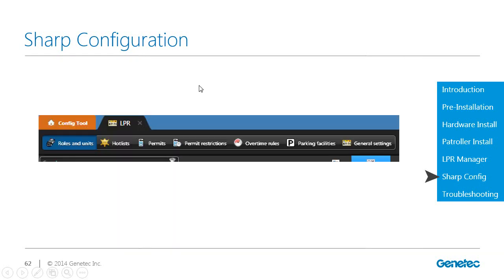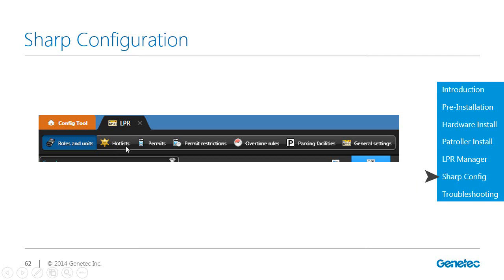Now additionally, from this point, you basically need to create the entities depending on what you're going to be using the mobile system for. Just for instance, if you're going to be doing strictly law enforcement for this vehicle or for this system, you may only need hot lists to look for the list of plates of stolen vehicles.